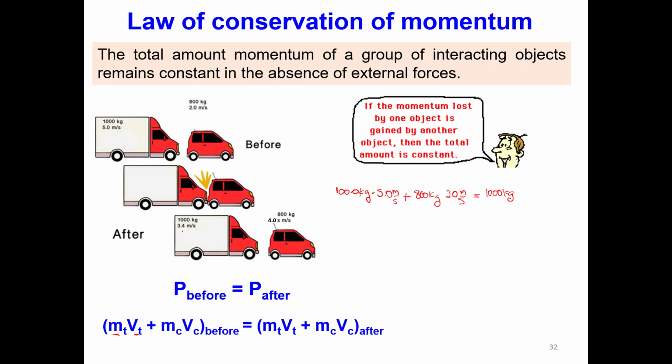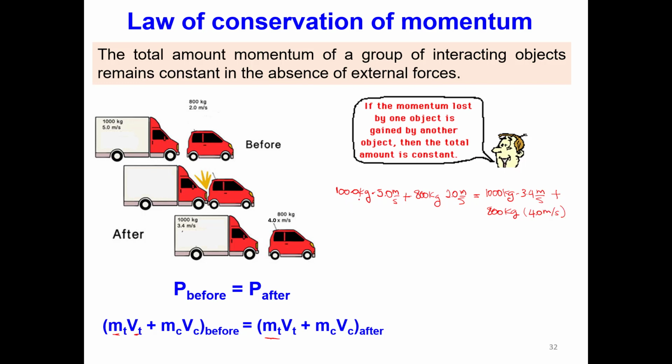1,000 kilograms, the mass of the truck. Now we are on the other side of the equation, times 3.4 meters per second, plus, I will write the second part here because I don't have enough space, 800 kilograms times 4.0 meters per second.